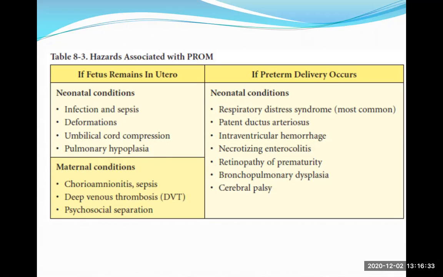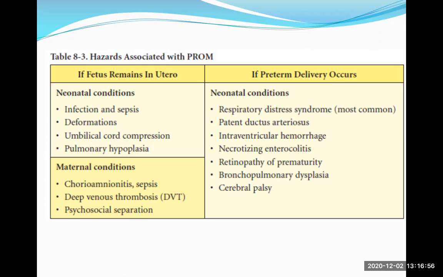Now some explanation has to be given here, so please pay attention. Infection and sepsis, every student can understand why the chance is high, because the barrier is gone. The infection can easily ascend up. Easy. Deformation means it is a compression of the fetus by the uterus.